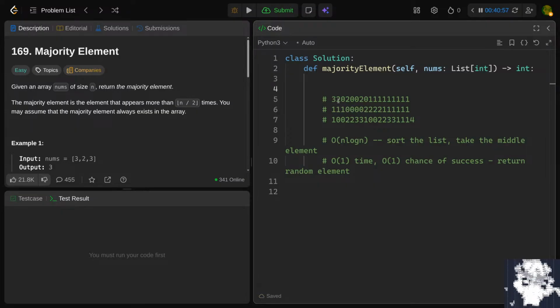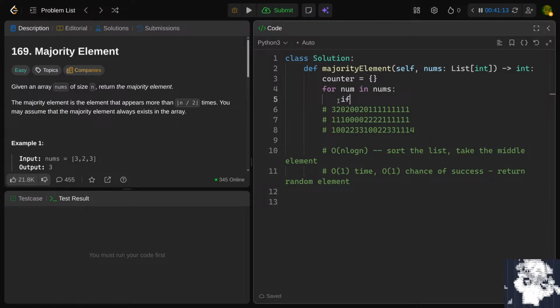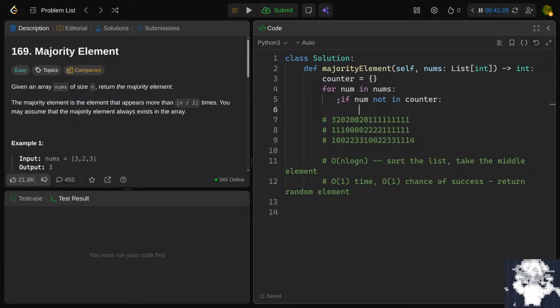So, counter equals dictionary. We're going to store only 3 things at a time. We're only going to count 3 things at a time. For num in nums, if num not in counter, then we evict something.